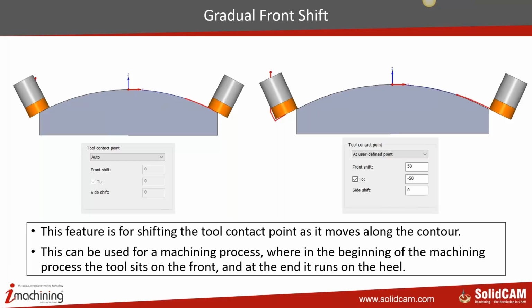If you ask me where the application is, it's if somebody would like to have contact on both sides of the tool, especially when using disc kind of cutters, or polishing a surface in 5-axis and they would like to use the front and the back of the cutting tool, then they can use this function called gradual front shift. It's a very small function, but it can be very useful in situations where you would like to make both points of the tool engage on the surface.